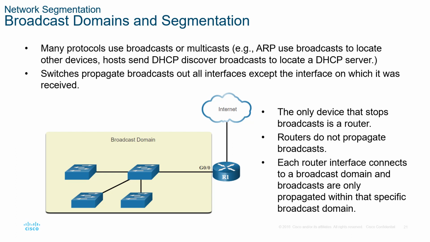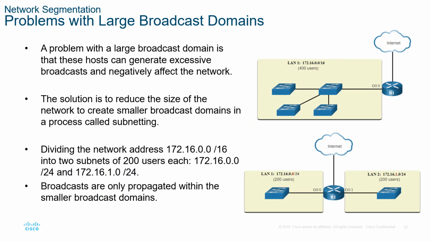It will not cross a layer 3 boundary. Things like ARP and DHCP use broadcasts to propagate requests for information. Again, broadcasts do not cross a layer 3 boundary.